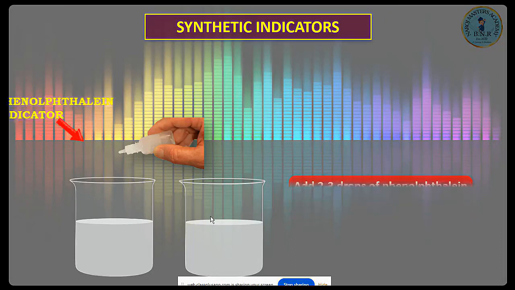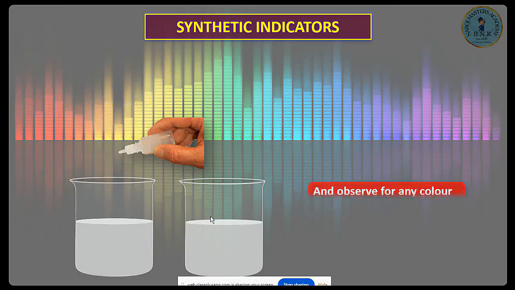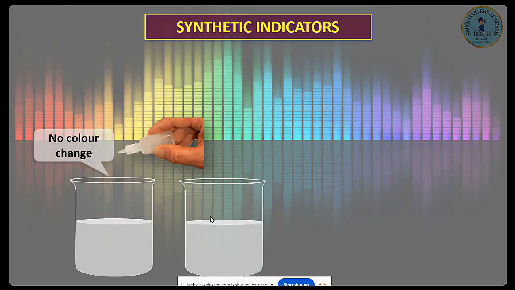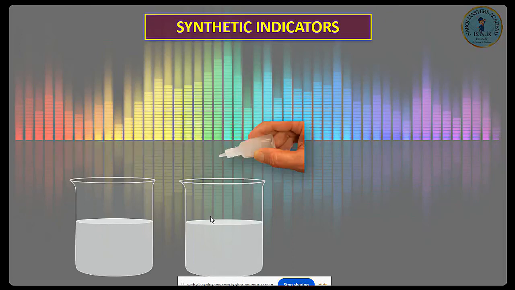So here if you see, by adding phenolphthalein indicator, observe any color change. Is there any change in color? No change in color. If you add into the second solution, is there any change in color? Yes.